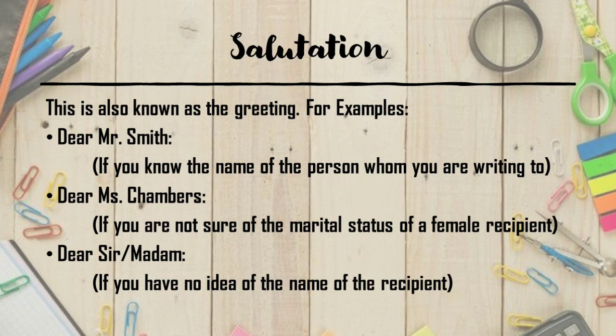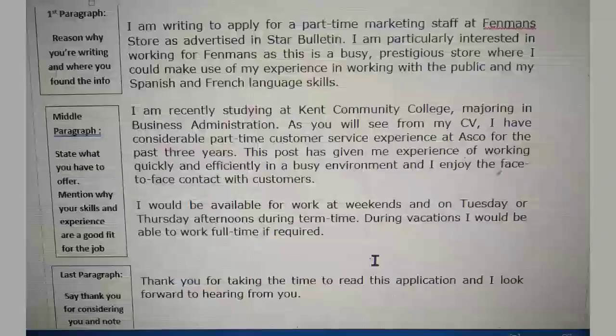If the recipient is female and you are not sure whether she's married or not, you can use Miss. Then, you can write "Dear Sir" or "Madam" if you have no idea of the name of the recipient.